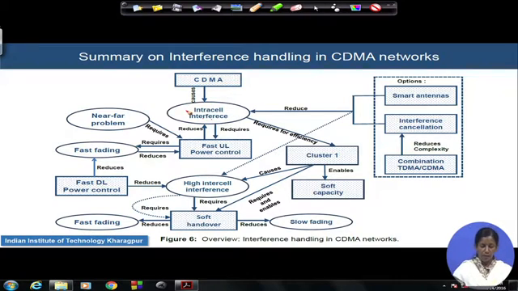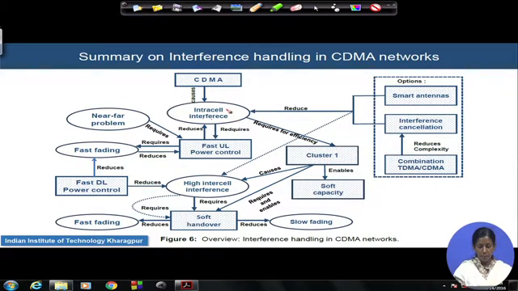Once it is there, it requires some fast uplink power control. This intracell interference also comes from the near far problem, which is the location dependent power transmission, because of which the power received from the nearest mobile station will be more than from the farthest one, and the nearest mobile station's power is creating huge interference on the signal received from the far away mobile stations.